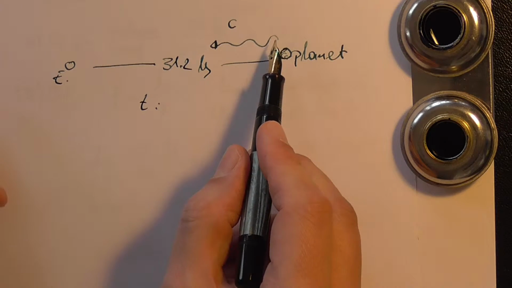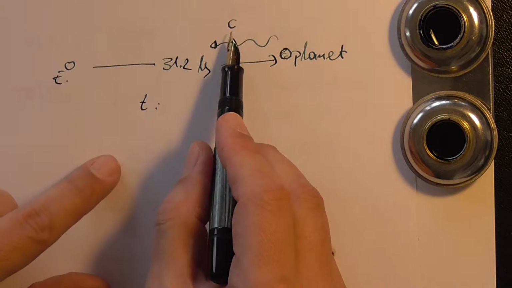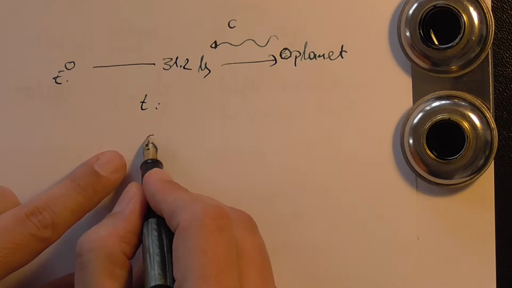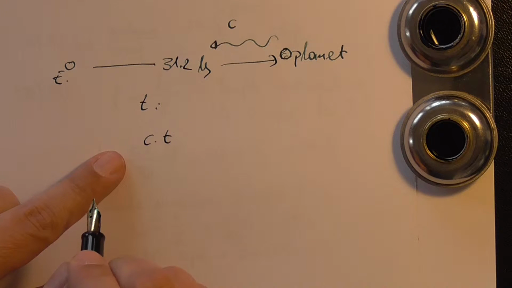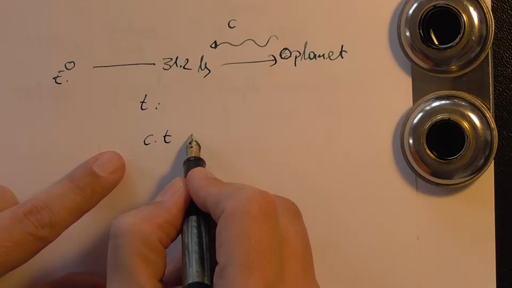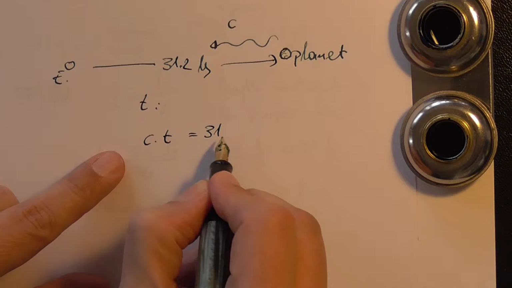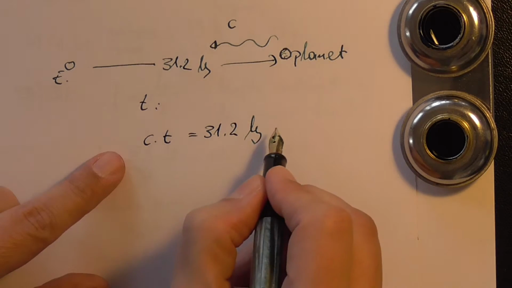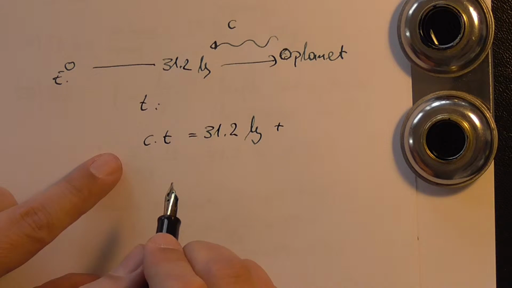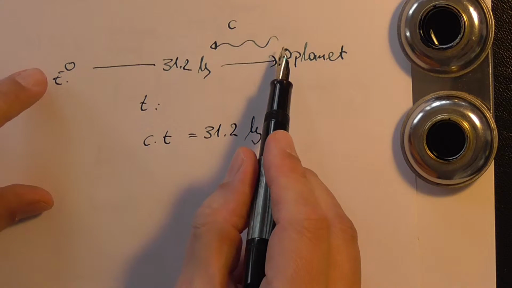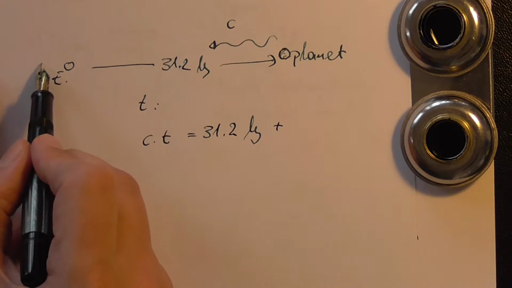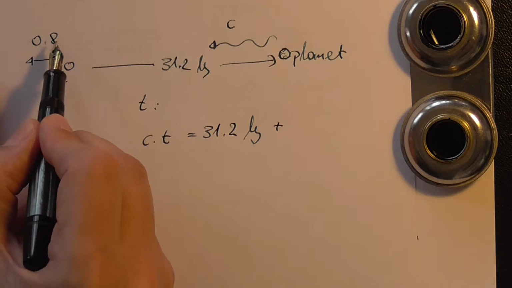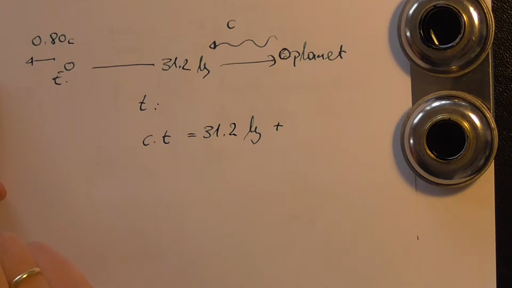So according to the spacecraft, the signal traveling with a speed c at time t will have to cover a distance c times t. And this distance must be equal to 31.2 light years plus, well, according to the spacecraft now, the Earth is moving backwards with a speed 0.80 c.